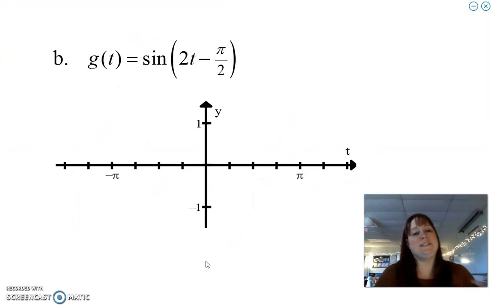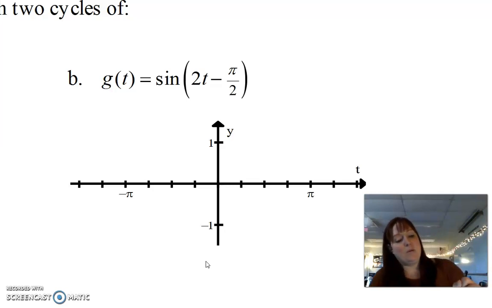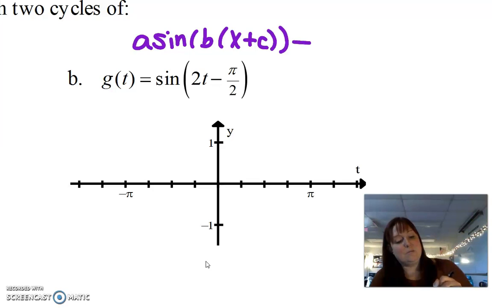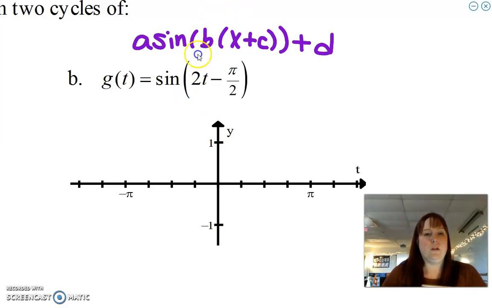So the first thing I notice is that this is not in the form that we have, our standard form, which is a sine b times the quantity x plus c plus d. So do you see how b right here isn't multiplied by t and a phase shift?